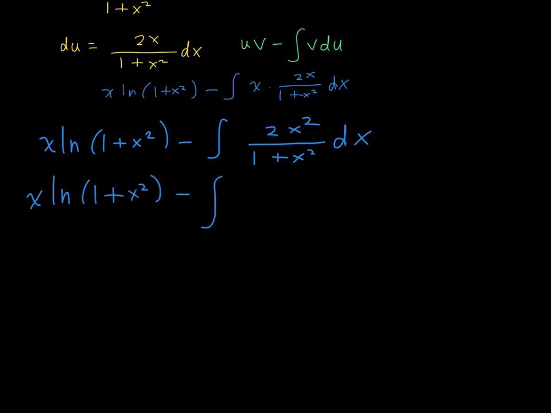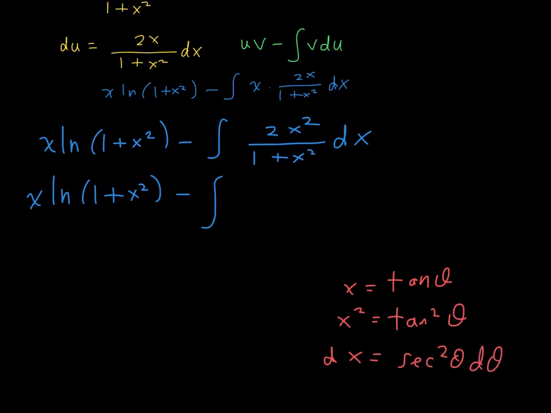Now here, I'm thinking a trig substitution because of the form of this 1 plus x squared. So I'm thinking of x is equal to tan theta. That would mean x squared is equal to tangent squared of theta. Furthermore, dx is equal to secant squared of theta d theta.